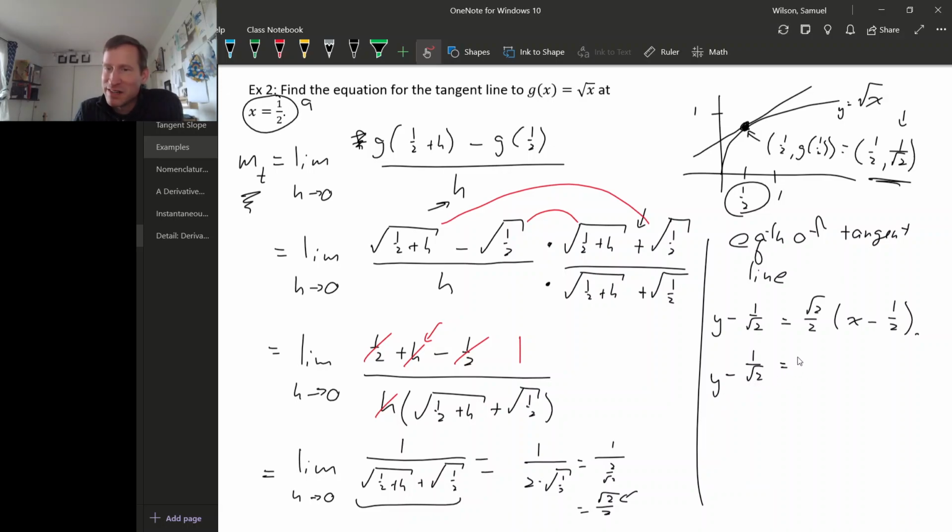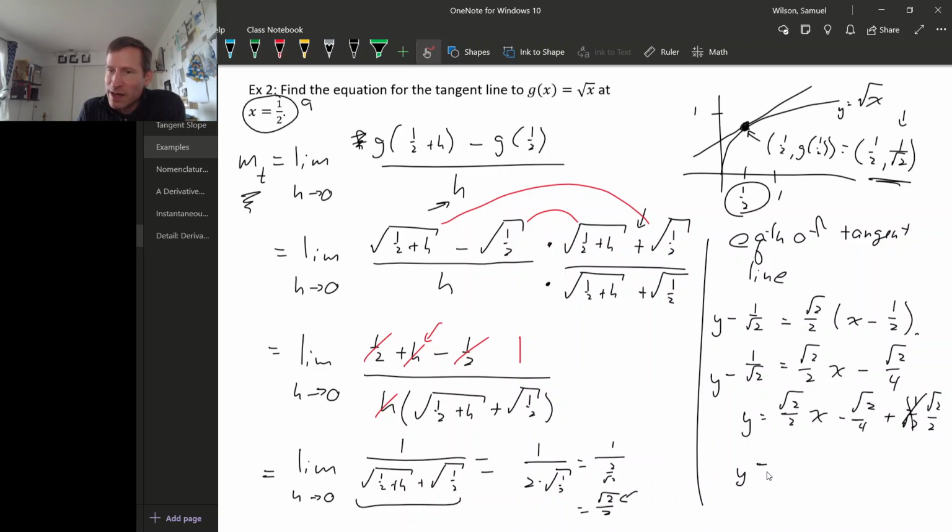So this is y minus 1 over root 2 is the square root of 2 over 2 times x minus root 2 over 4. Then add 1 over root 2 to both sides. So y is the square root of 2 over 2 times x minus root 2 over 4 plus 1 over root 2. If you rationalize 1 over root 2, that's actually the same thing as root 2 over 2.